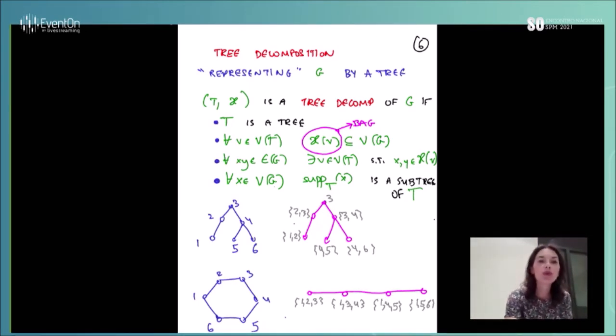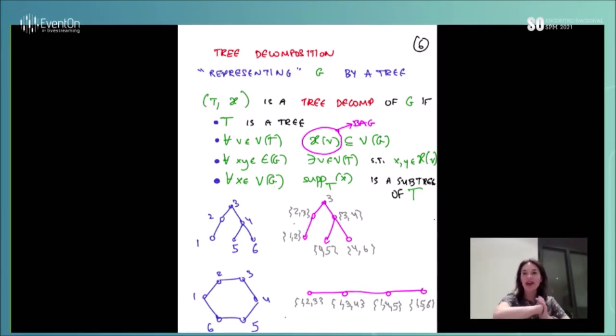On a very high level, a tree decomposition of a graph is an attempt to represent a graph by a tree. Some tree decompositions are very simple and some are very complicated. And this complexity measures how close your graph is to being a tree. If your graph is a tree, it has a very simple tree decomposition.